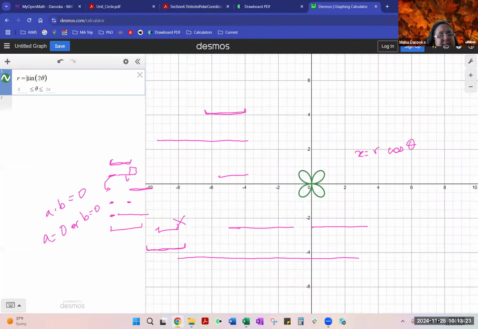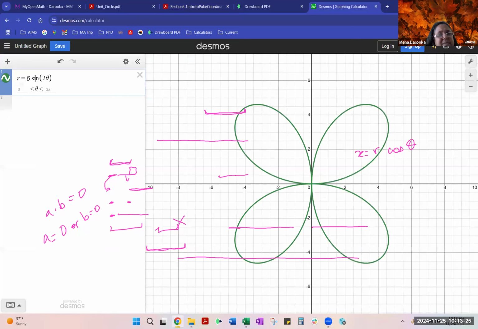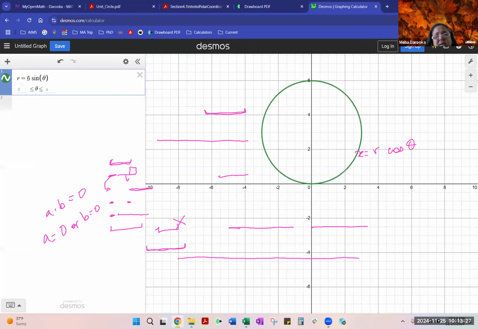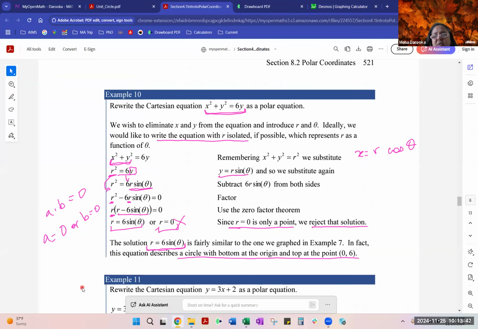So this guy is r equals 6 times sine of theta. And like they said, the bottom would be at the origin, 0, 0, and its top would be at the point 0, 6, which is exactly what we have over here. So it's kind of nice to see how, as we said, this is not always possible, but when it is possible, the equations convert between one form or the other.